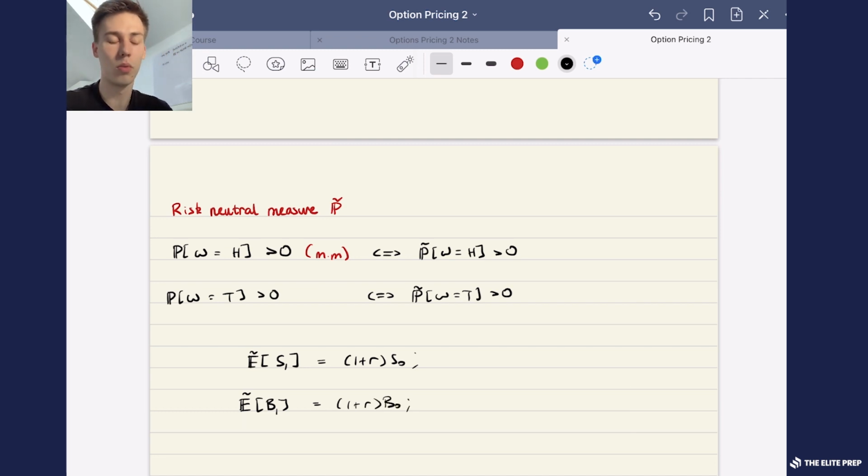In other words, all the assets increase at the same rate on average.